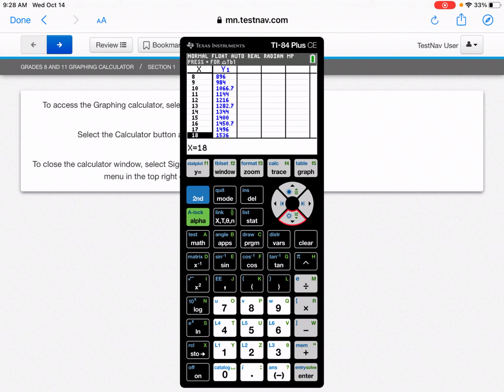If x is 18, remember y is the area, so the area is 1536, 1570. You can see it's getting bigger. Where's the biggest? The biggest is 25. You can just scroll right around, right through, and you can see the table of values.